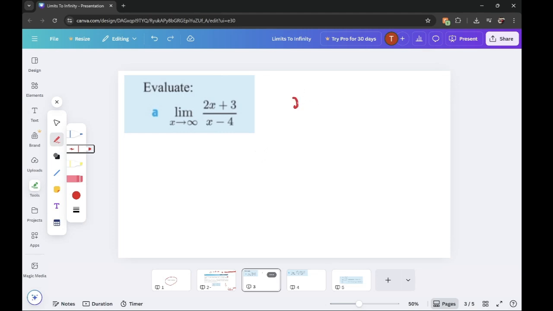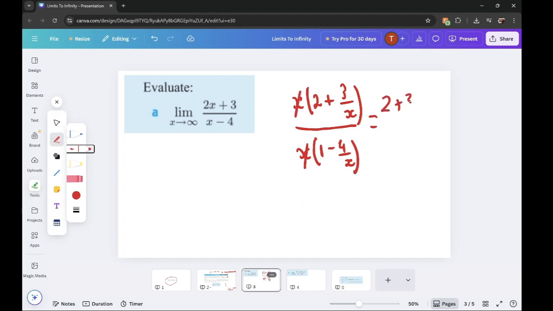We're still going to remove an x: we divide through by x, so the numerator becomes 2 plus 3 over x, and the denominator becomes 1 minus 4 over x. The x terms cancel, and we get 2 plus 3 over x, over 1 minus 4 over x. That is our equation right now.